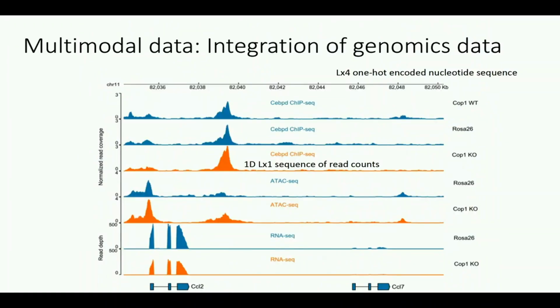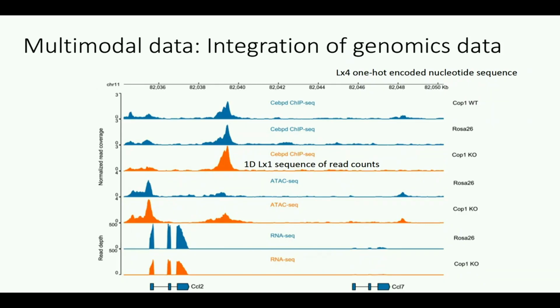So combining all of these techniques together, we can consider genomics in this era as the study of multimodal data, where we have one-dimensional sequences of read counts, which are discrete or real-valued measures.